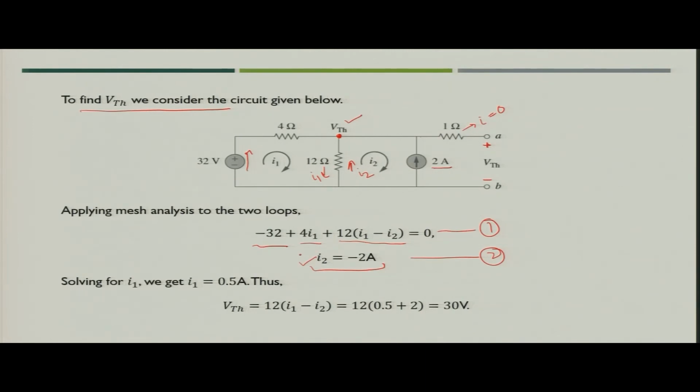Next, you just place the value of I2 in this equation, and you will get current I1 as 0.5 ampere. Now, as you have got the values of I1 and I2, VTH would be nothing but 12 into (I1 minus I2). Simply put the values of I1 and I2, and you will get VTH as 30 volt.